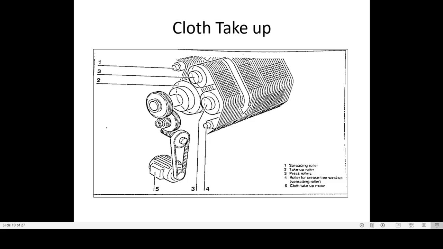Then today we'll start the other features like cloth take up. So how does the cloth take up work? Here the motor is there, number 5, the cloth take up motor.